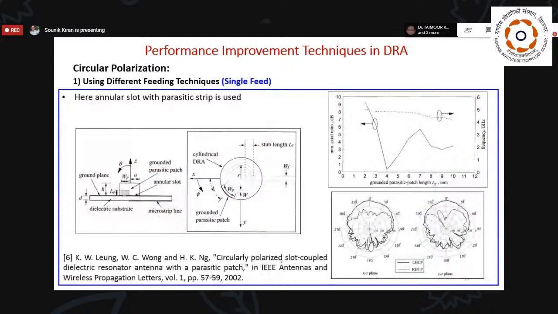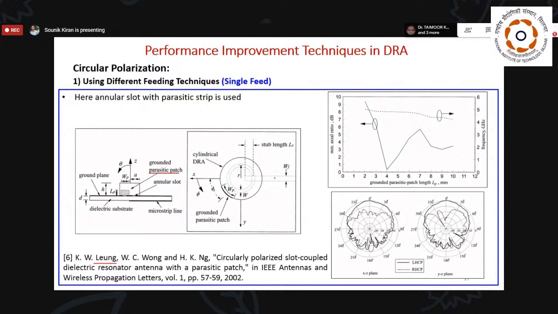And if we look at the literature, we find that this work was published by Lim. He was also one of our expert lecturers, a speaker the day before yesterday. This is the work published by them, and they used a very nice technique, a grounded parasitic patch.